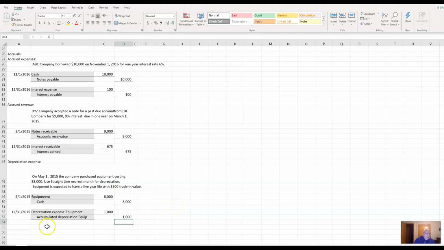Okay. So for this one, you take the cost of the asset minus the trade-in value divided by its useful life.